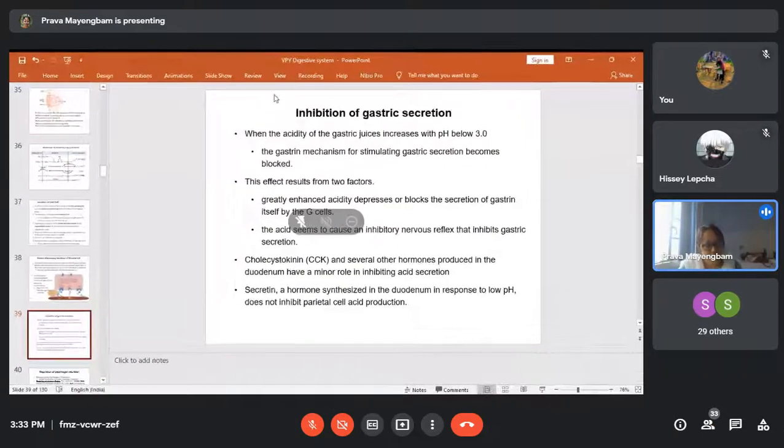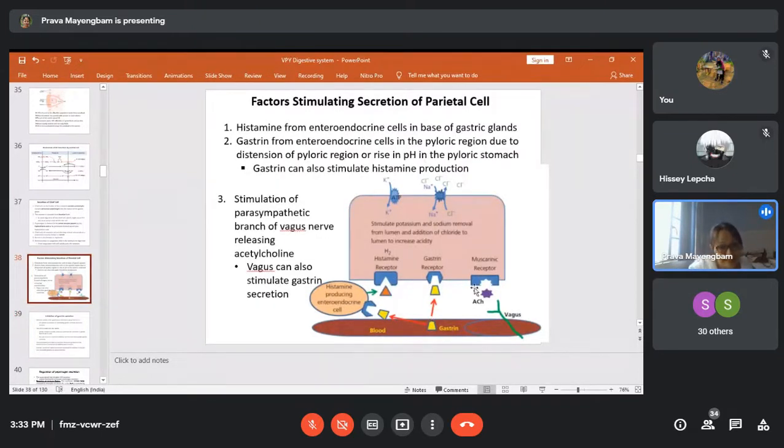Okay, so we were discussing who will be the inhibitors for gastric secretion. It is not that once it is stimulated, it will keep on secreting and secreting HCl. Someone has to regulate it, otherwise there will be higher and higher acidity, isn't it?